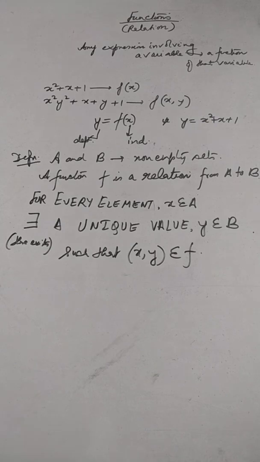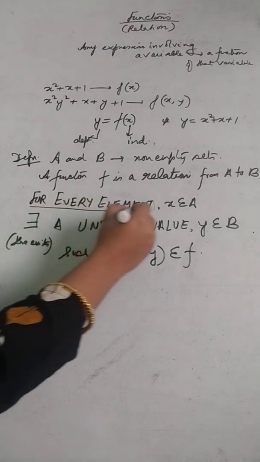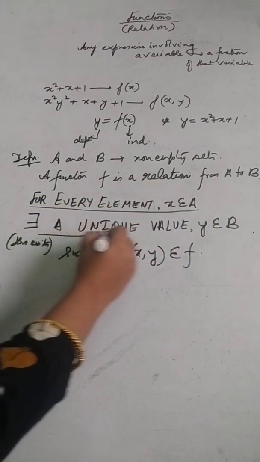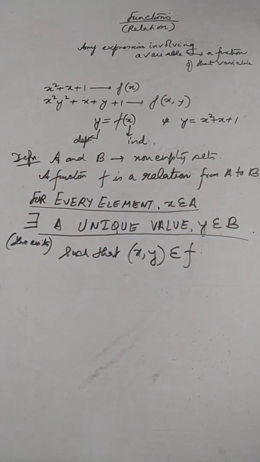So this is the most important part. For every element of A, there exists a unique value y belonging to B. If this criteria is satisfied, only then it will be considered a function.